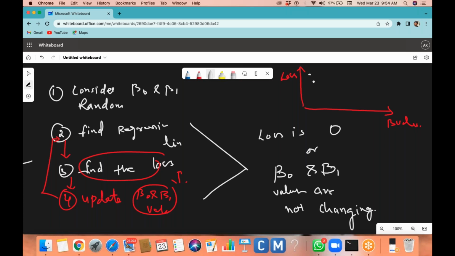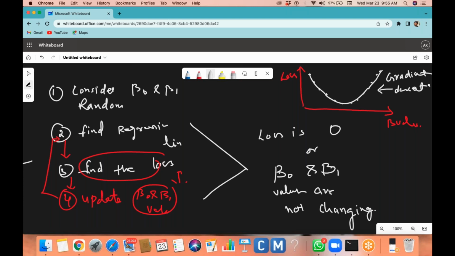Then the loss function, or gradient descent, looks something like this. If I plot the loss versus beta values, you get this parabola. This parabola we call gradient descent.